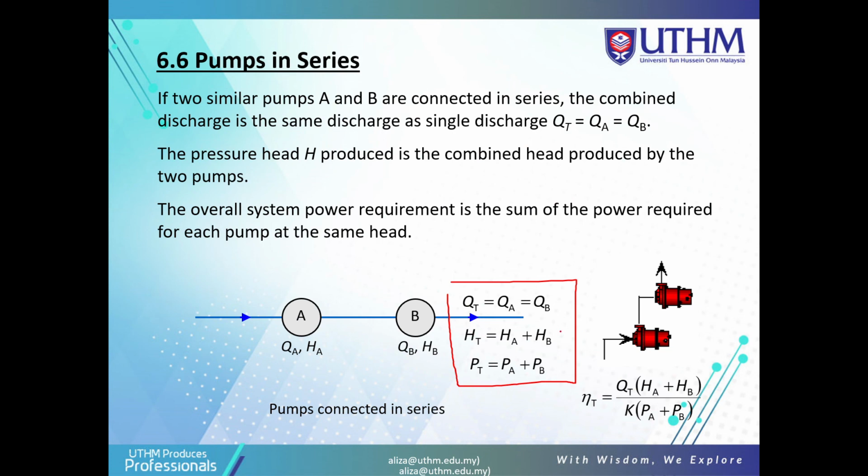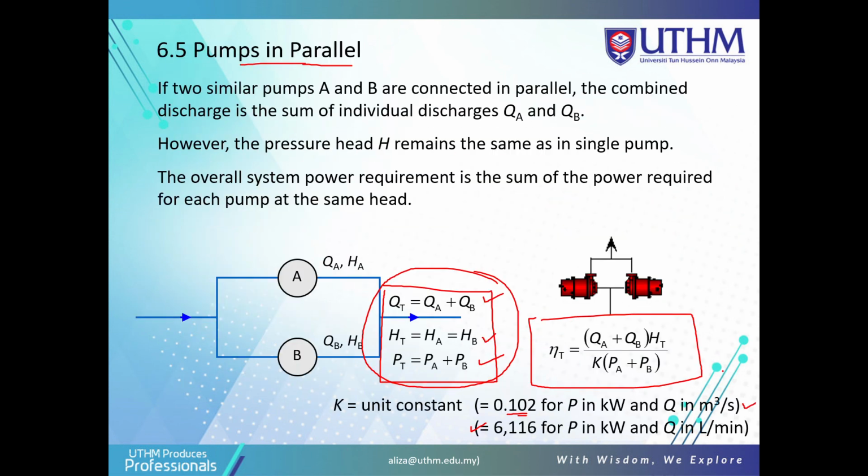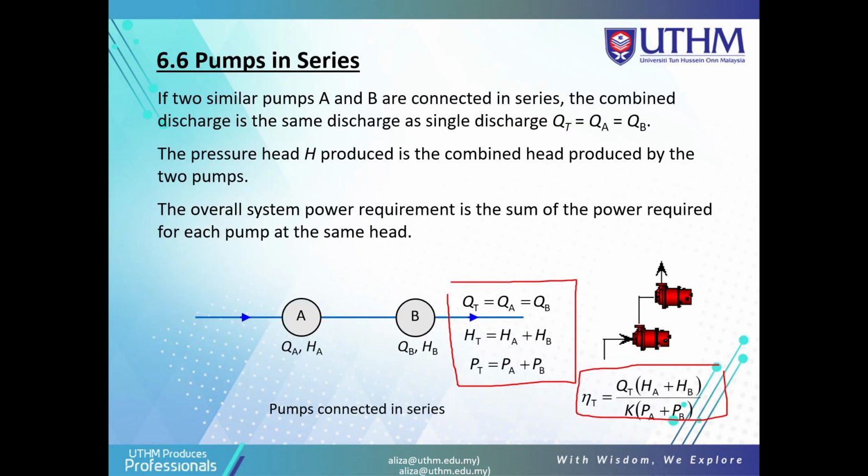The efficiency is the same formula as well, QA plus QB. But for the pump in series, the difference is in the Q total and the H total, while P total is the same.